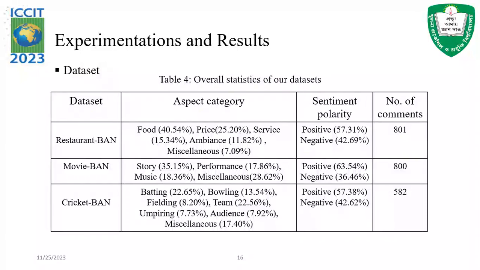Experimentations and results. Table 4 shows overall statistics of our datasets. Restaurant Bangla dataset has 5 aspect categories, Movie Bangla dataset has 4 aspect categories, and Cricket Bangla dataset has 7 aspect categories. For all the datasets, there are two sentiment polarities, positive and negative.